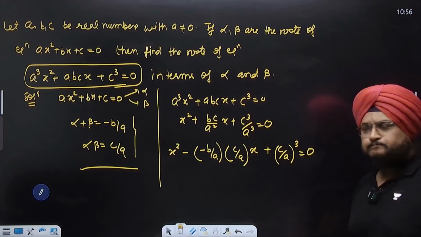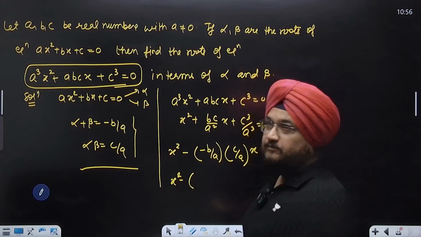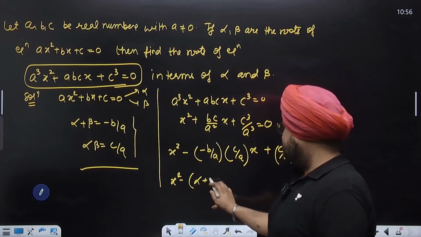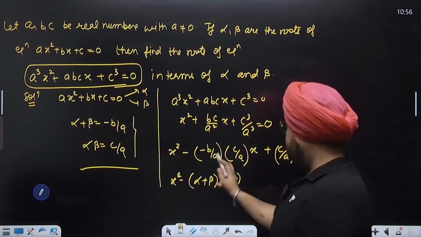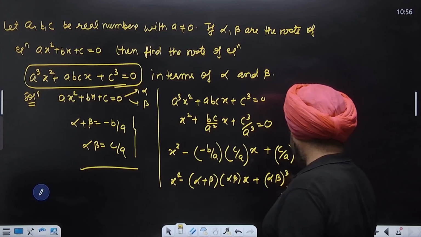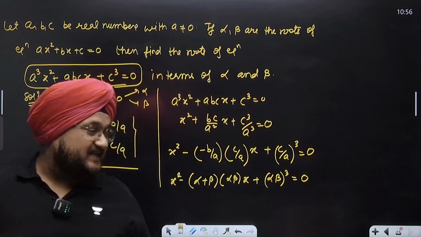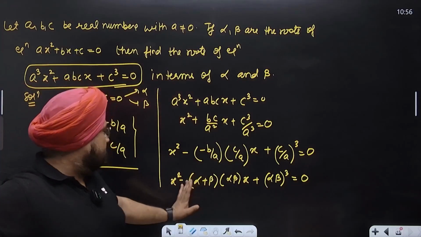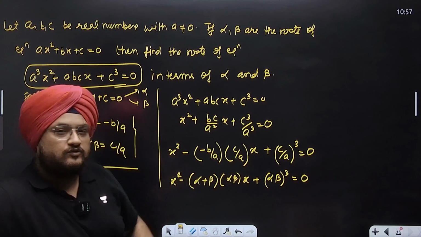See, now I can write minus b by a as alpha plus beta, c by a as alpha beta, and this is alpha beta whole cube. So the equation has become x square minus this into x plus alpha beta whole cube.